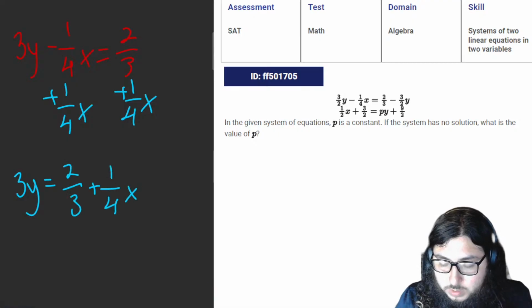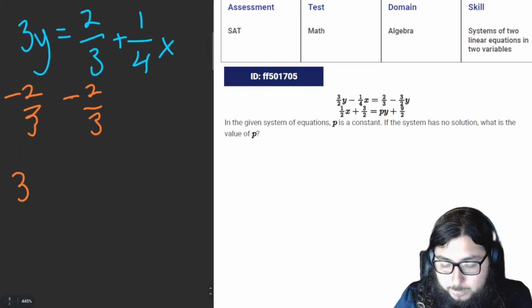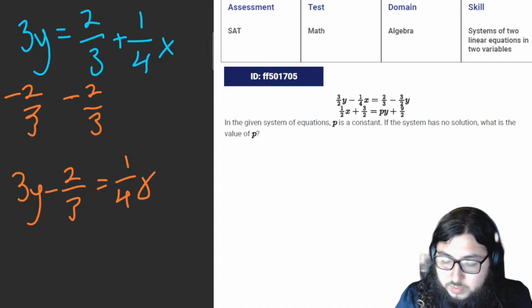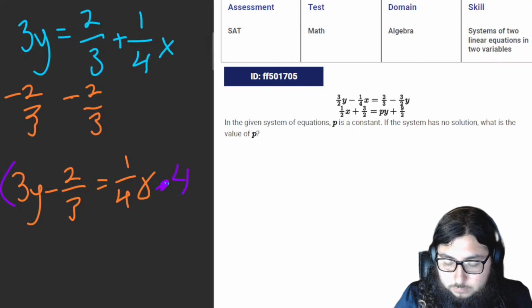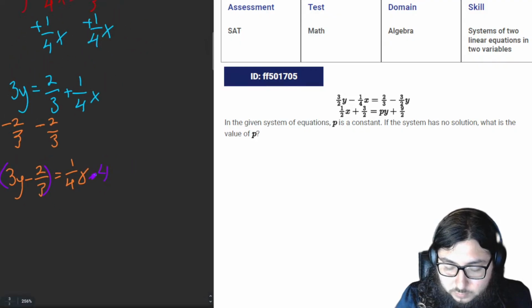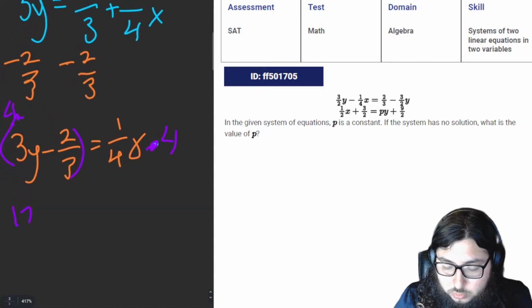Subtracting 2/3 from both sides, we get that 3y minus 2/3 is equal to 1/4 x. Last step, of course, is just to multiply by 4 on both sides, 4 times whatever's inside the parentheses. So we get 12y minus 8/3 is equal to x.